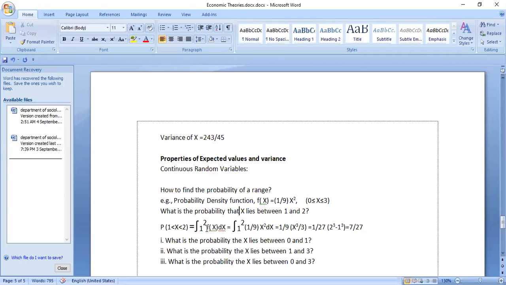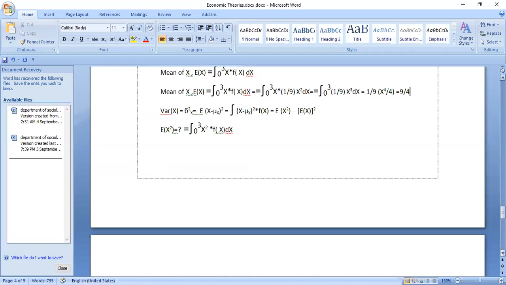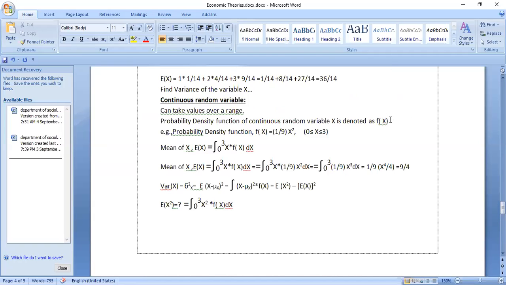You integrate the density function, but it's a definite integral from 1 to 2. So here is the density function of x, and you are asking what is the probability that x lies between 1 and 2.